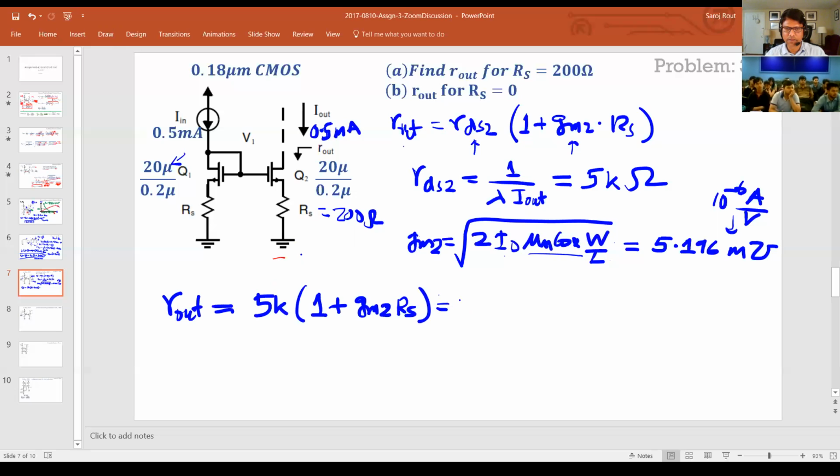This is 5K times (1 plus 5 milliSiemens times 0.2 kilo ohms). The 200 ohms is 0.2 kilo ohms, times 5 milliSiemens is roughly just 1, so 2. So this is roughly equal to 10 kilo ohms, right?